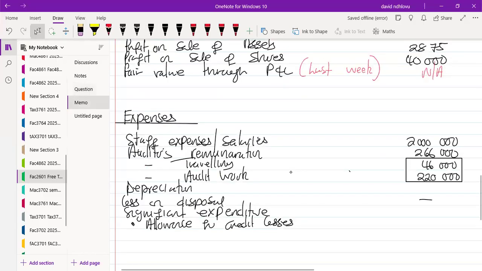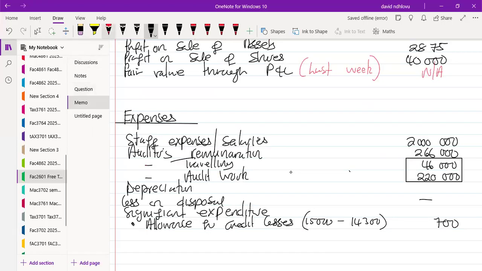So it will be your 15,000 here, less the amount of 14.3. Always for an allowance, expense the movement, which means we expense 700.